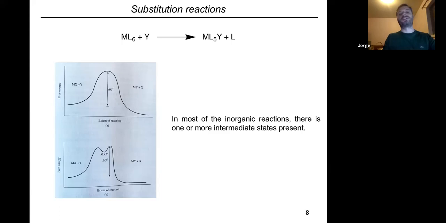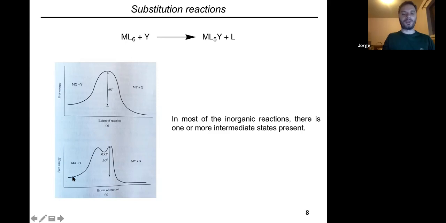This reaction can proceed in two different ways. Without the presence of an intermediate, which is represented by the first energy diagram, just one hump, and the reaction goes all the way to the end. Or with the presence of an intermediate state, as represented by the second energy diagram.